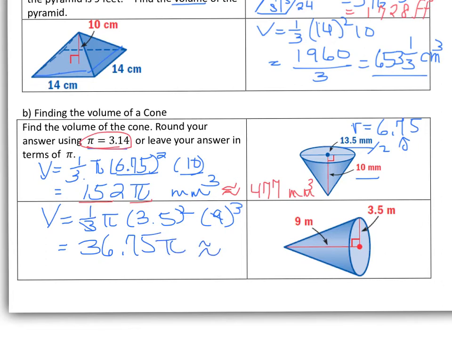And if I ask you to round that, you should get about 115 millimeters cubed. Now you should write millimeters cubed here too. So 115 millimeters cubed is when I use pi equals 3.14 and multiply that by 36.75.